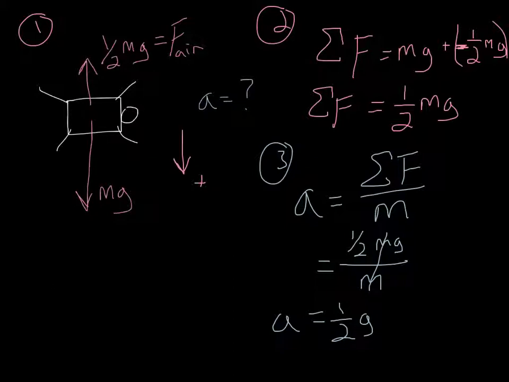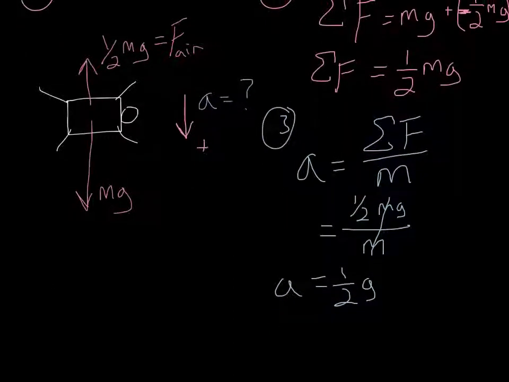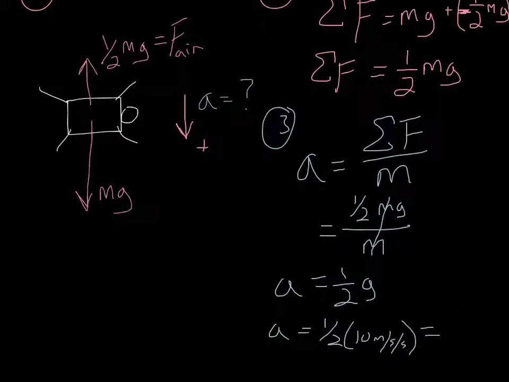So if that's acceleration due to gravity, then acceleration is 1/2 of 9.8, or about 10, meters per second squared, which is 5 meters per second squared. So it doesn't even depend on how massive he is. It could be 1 kilogram, it could be 1,000. Once the air resistance is half the weight, he's accelerating at 5 meters per second squared.